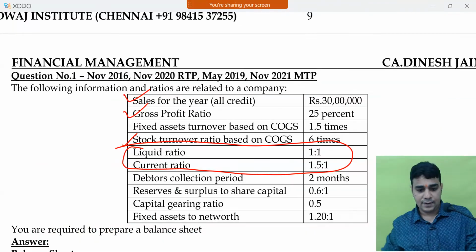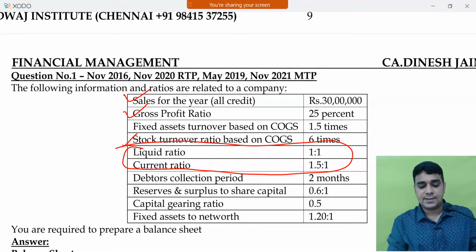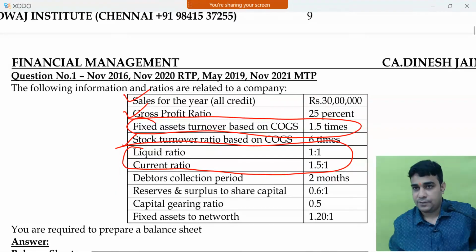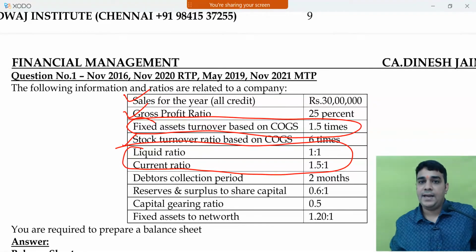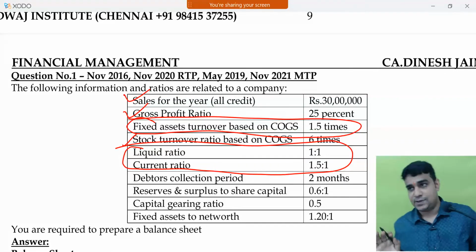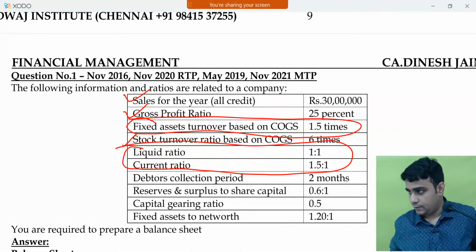Next information we have is the fixed asset turnover ratio based on COGS. Normally the fixed asset turnover ratio is based on sales, but the question says it's based on COGS, so we'll have to follow that.